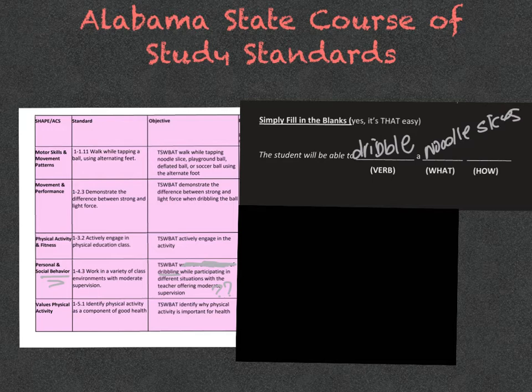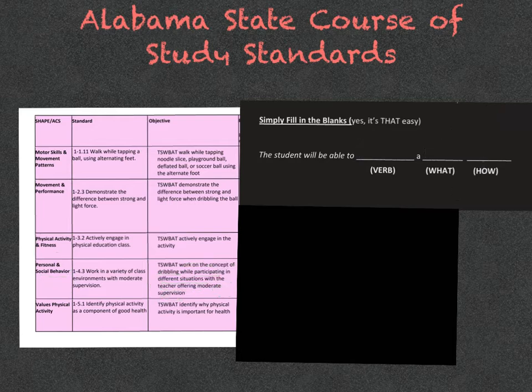And then how, he did answer the how very well: while participating in different situations with moderate supervision. So this is working on the affective domain of personal and social behavior, and having the students work together without direct supervision. So this is definitely the how. The how is over here. So that is the personal and social behavior objective with some corrections.